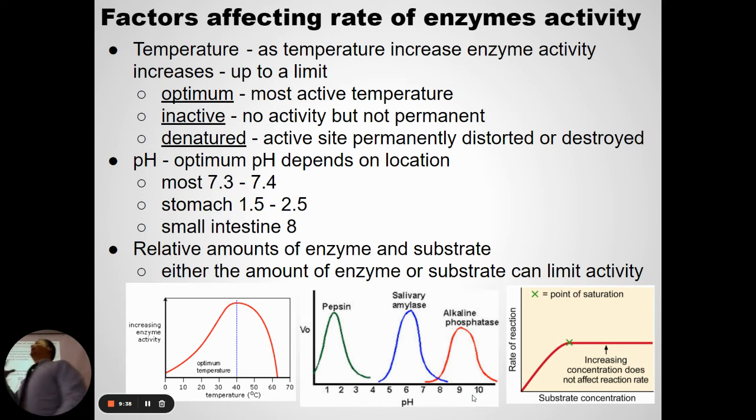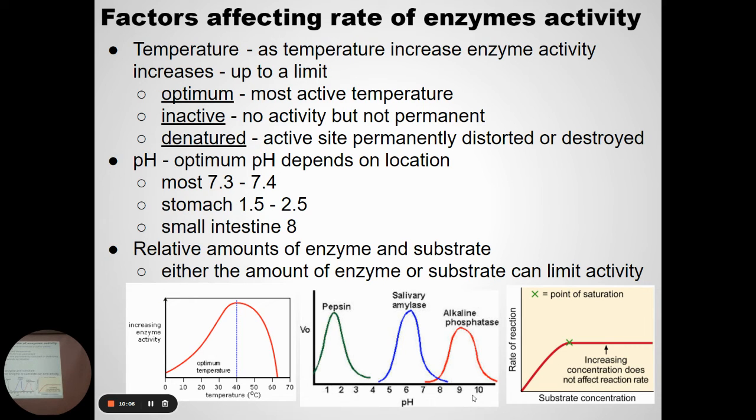Now, how well these enzymes work, how quickly they work, depends on different factors, like temperature. So, here's a graph. These graphs you're going to see a lot. This graph shows the temperature and how well the enzyme's working.